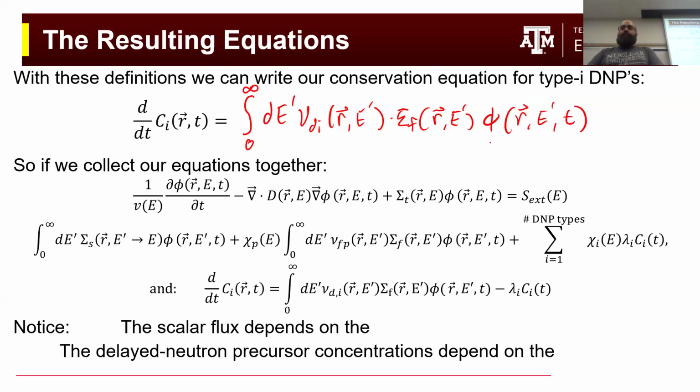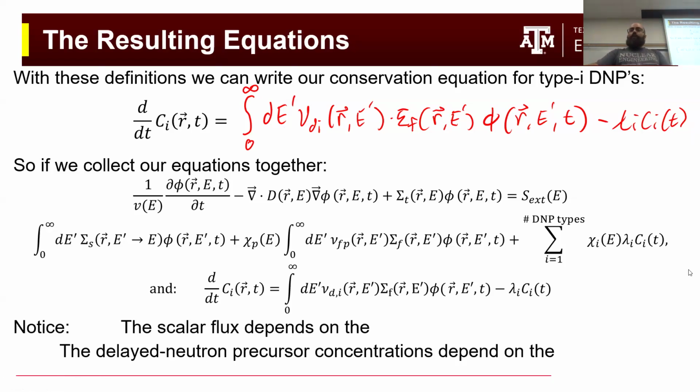Notice that that looks just like the fission production term in my energy dependent diffusion equation. I'm just using this multiplier that's telling me about the number of delayed neutrons that are coming out per fission event. And then I also have my loss term, which is minus lambda i C i of t. Change rate equals gain rate minus loss rate.